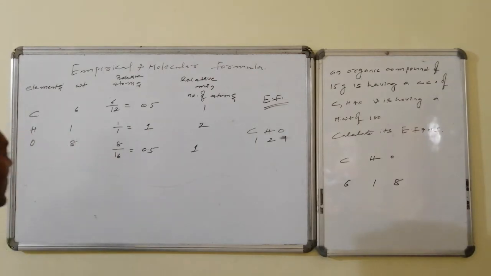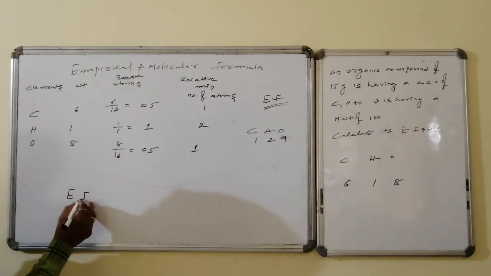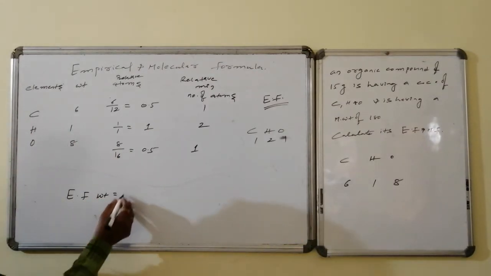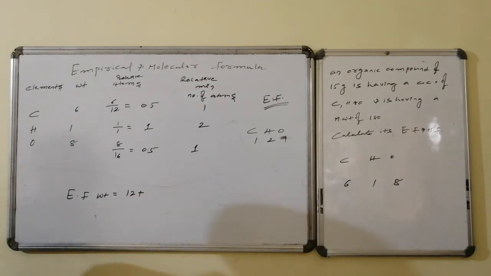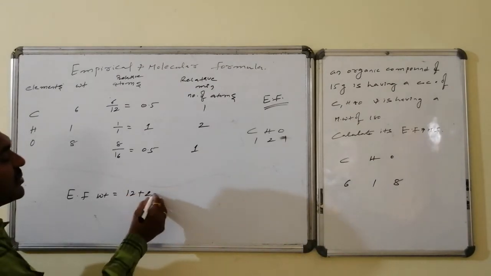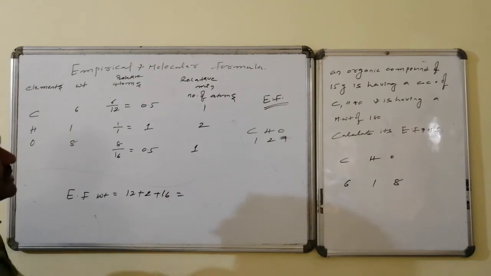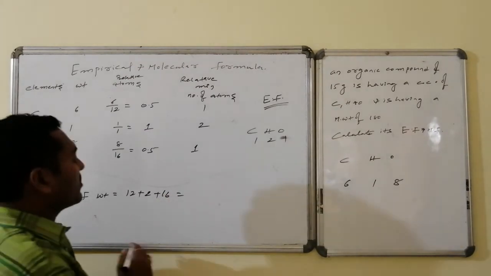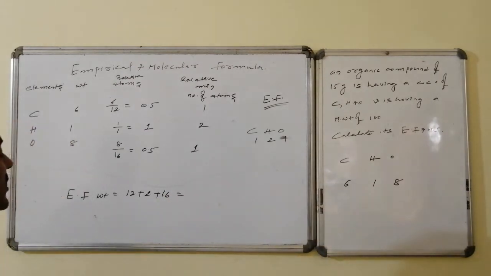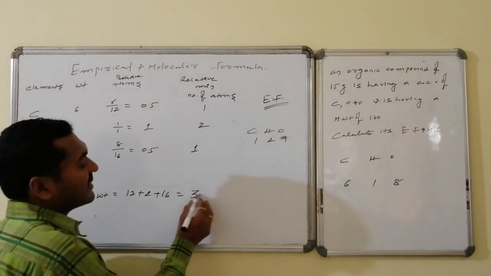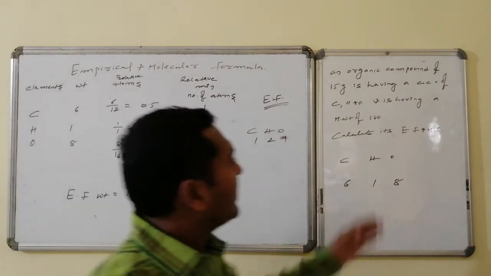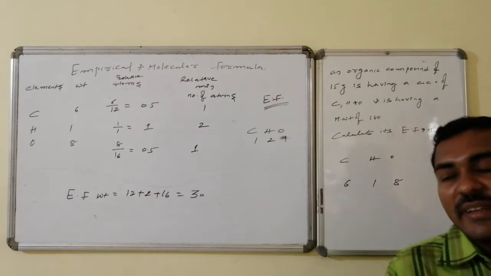Whereas the empirical formula weight can be given by 1 into 12 for carbon, plus 2 into 1, plus 1 into 16, that becomes 12 plus 2 plus 16, that is 30. Whereas molecular weight is given, molecular weight is found to be 180.